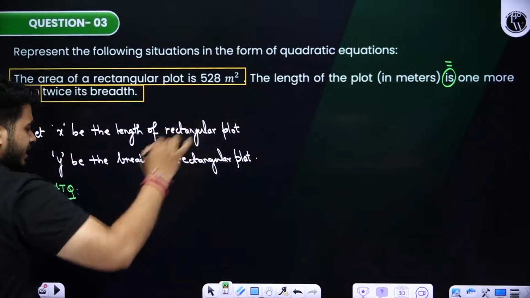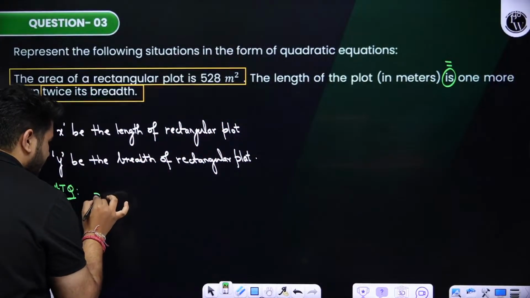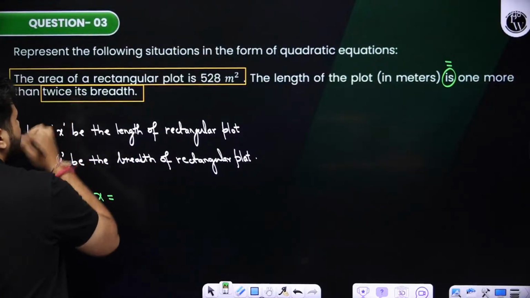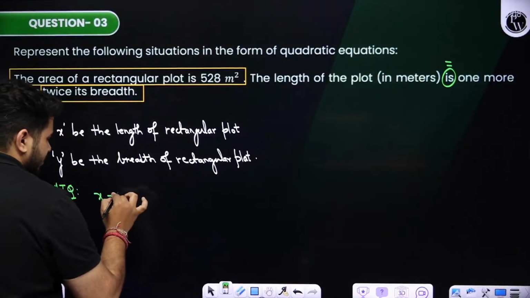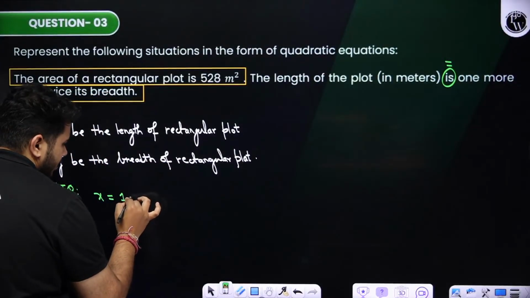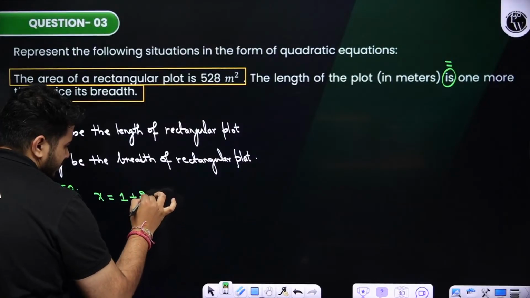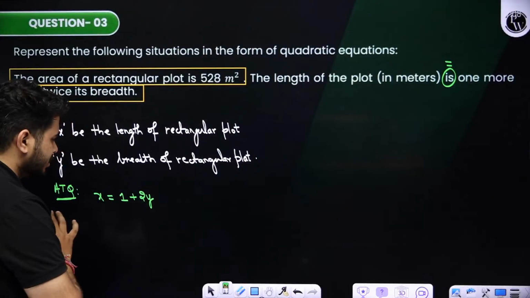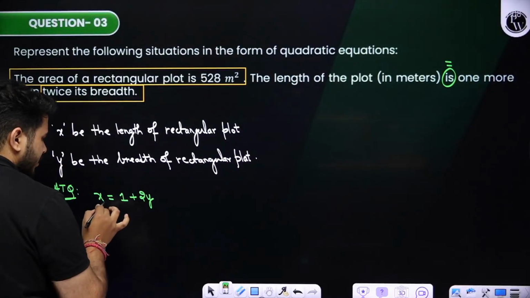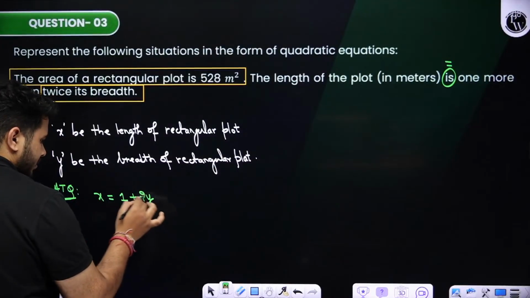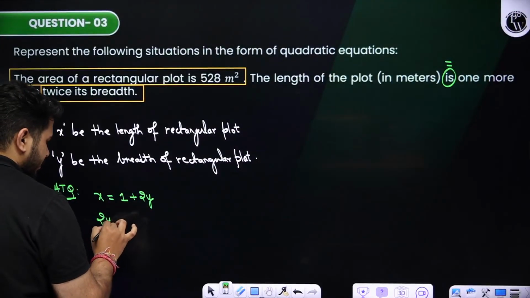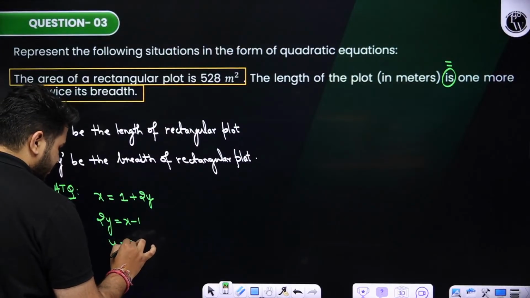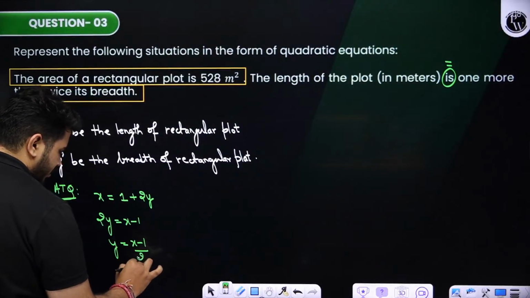So on the left side, length, we have x is equals to 1 more than twice its breadth. 1 more than twice its breadth, 2y. Did everyone understand this? So from here, 2y will be equals to x minus 1, or the y value from here is x minus 1 divided by 2.